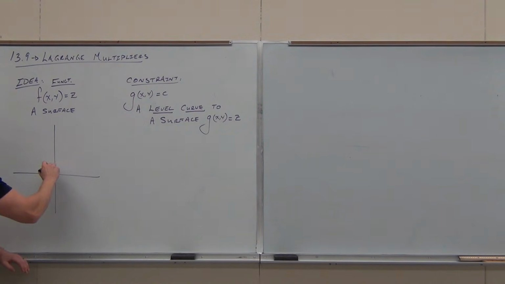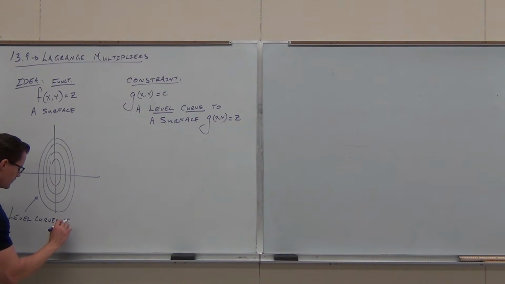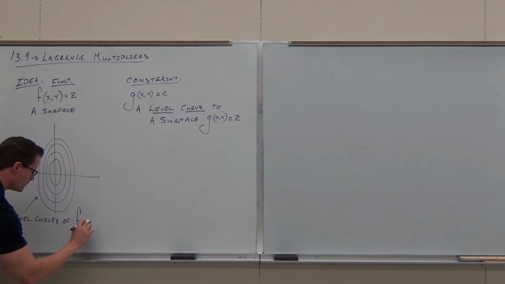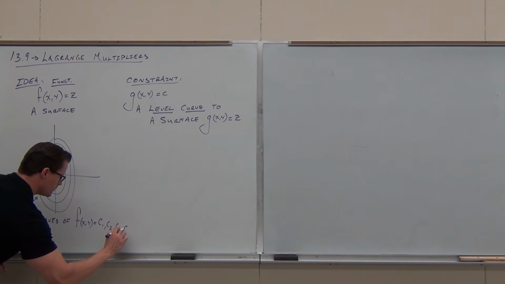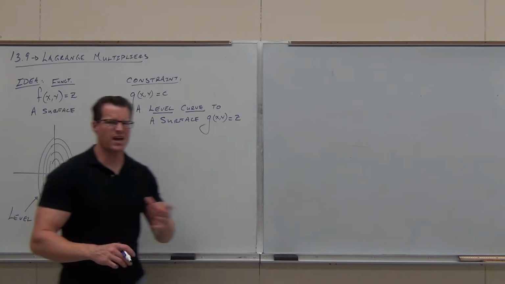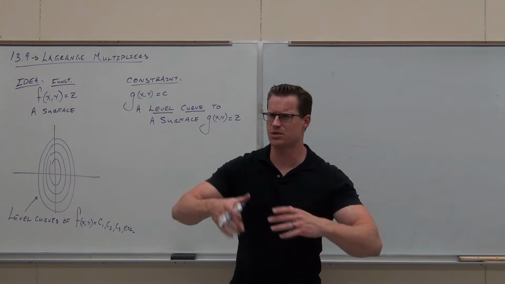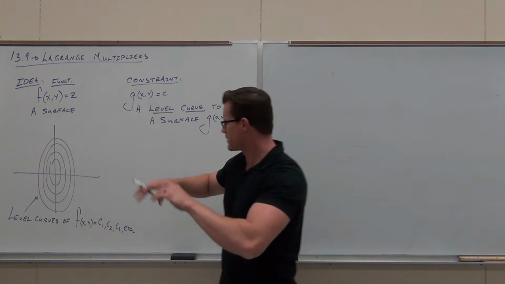So let's look at some just made up old level curves. Level curves of f of x, y equals c1, c2, c3. It doesn't matter. We're getting some level curves on that surface.